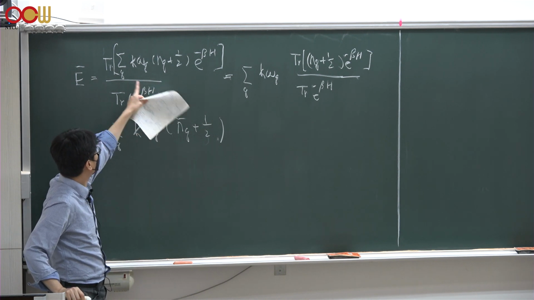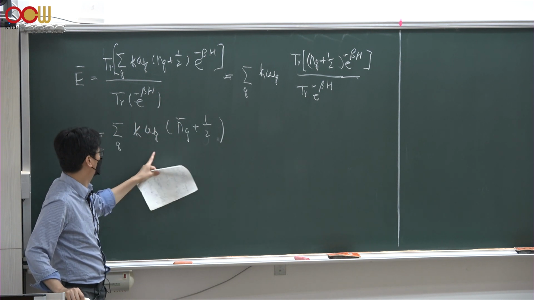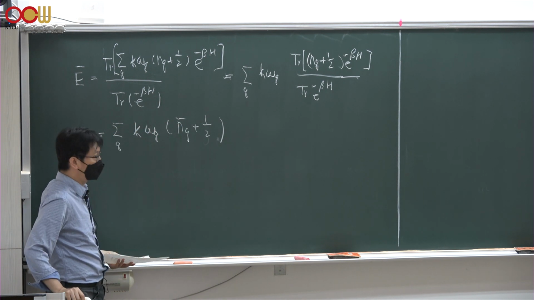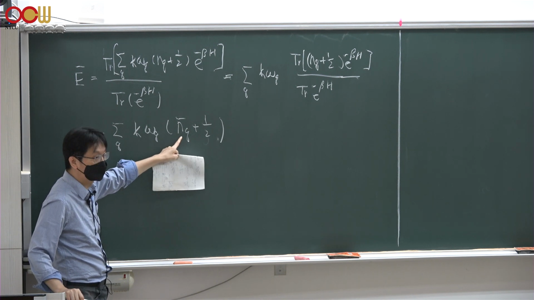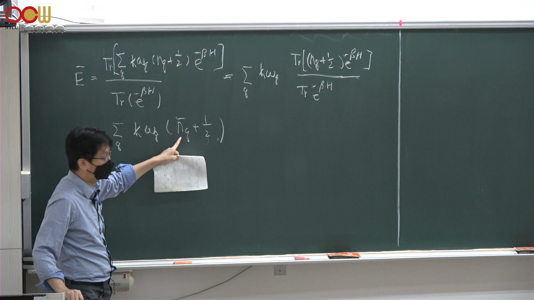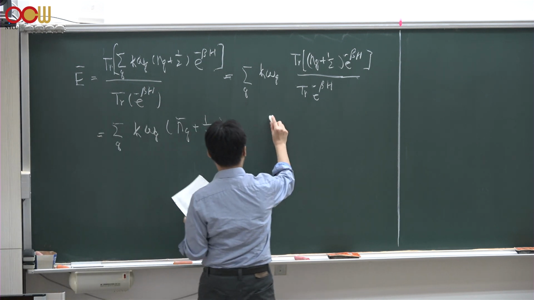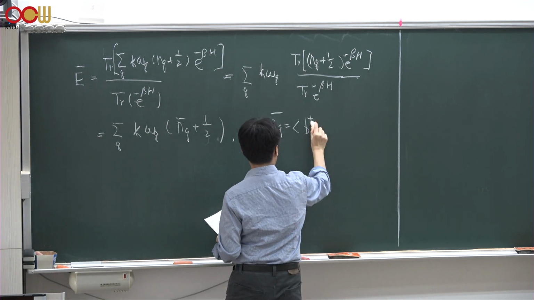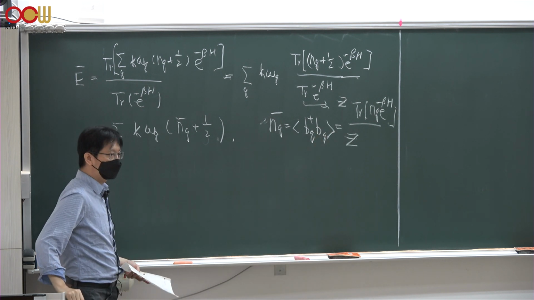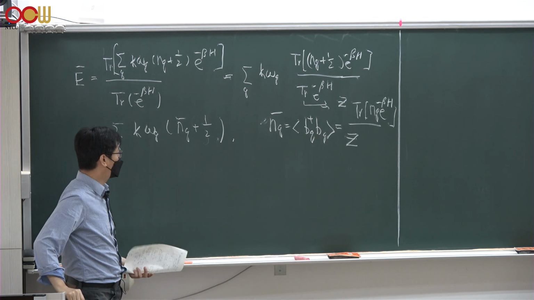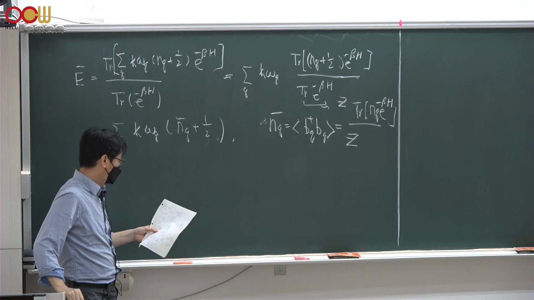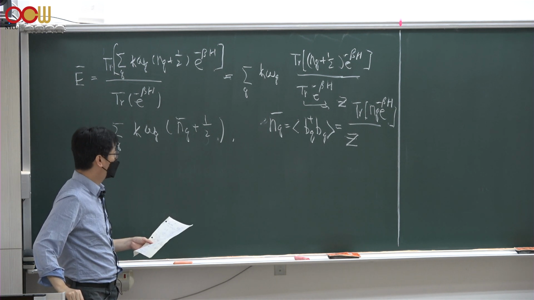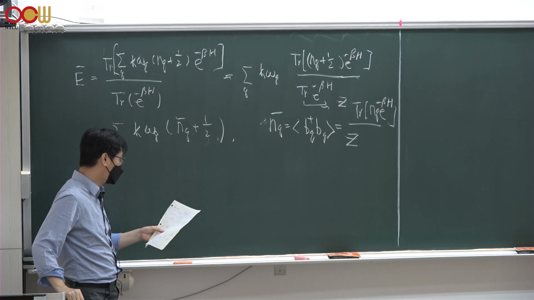Therefore, you plug in this Hamiltonian, and you get a very simple form of E bar, which is nothing but the sum over q of h bar omega_q times n_q bar plus 1/2, where n_q bar is nothing but the ensemble average of the boson number. And this is precisely the Bose-Einstein distribution function, because n_q bar is the average phonon number at finite temperature.